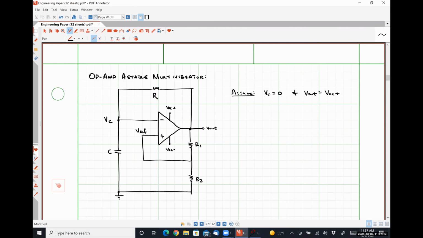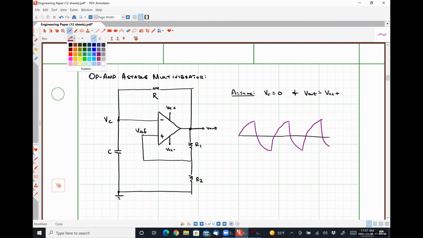And so we should see something like this. Okay. So if this is time, let's do purple for VC. So it's going to charge, discharge, charge, discharge, charge, discharge.